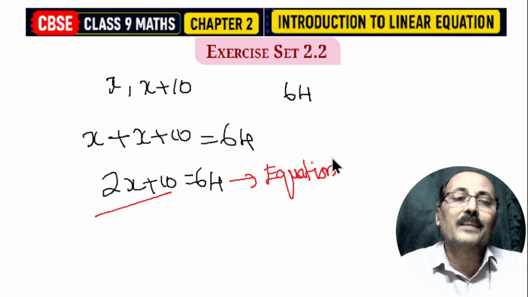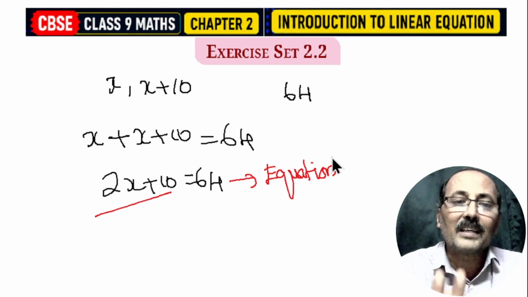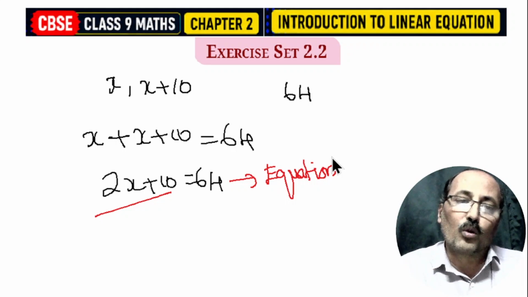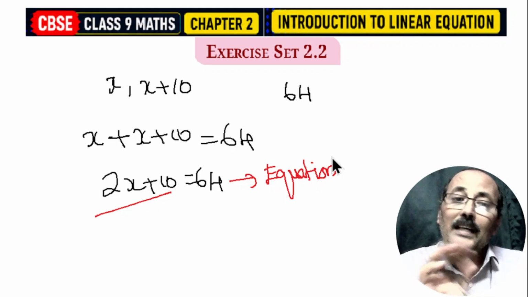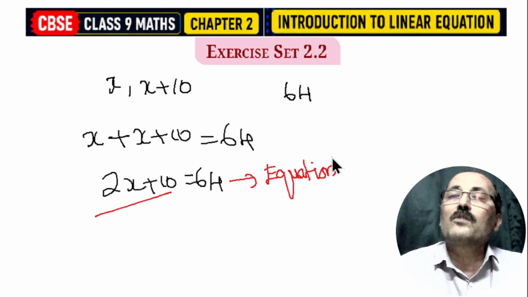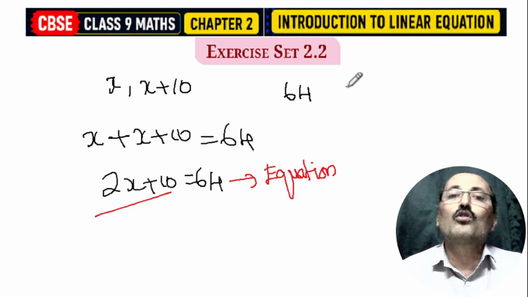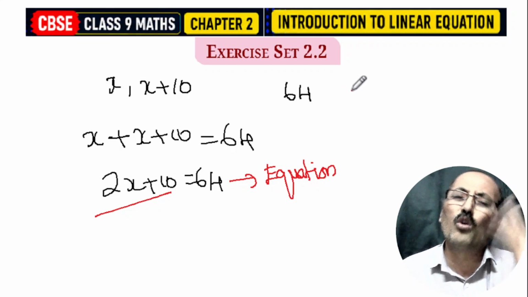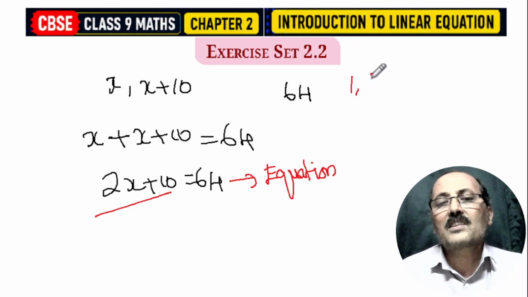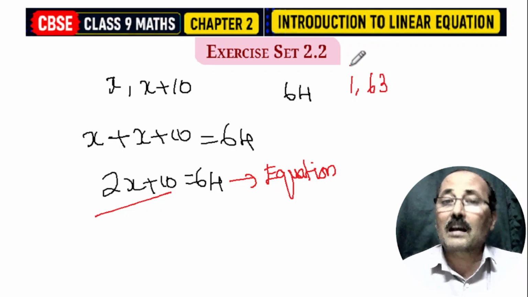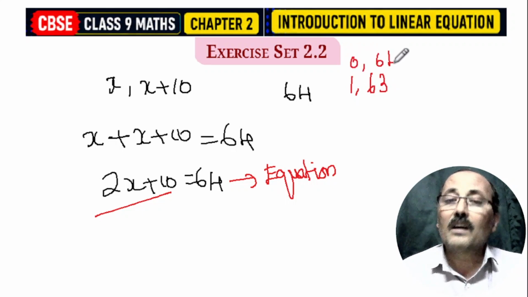Here the example is the sum of two numbers is 64, and there is a condition. If I say just simply the sum of the two numbers is 64, there are more possibilities. 1 comma 63 is the first chance, or 0 comma 64. Okay, one number may be 0, another may be 64.